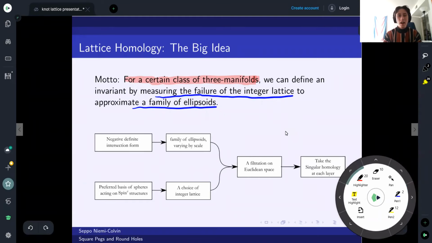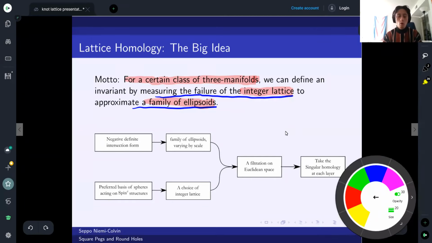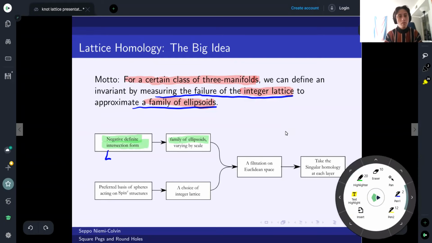You might notice here we have our square pegs and our round holes. So this flowchart, we'll be unpacking this idea more through the presentation, but this flowchart already arranges how these ideas will come together. Our family of ellipsoids, they vary by scale and they come from a negative definite intersection form. So here you might be thinking we have a four-manifold in the background that has our three-manifold as boundary.